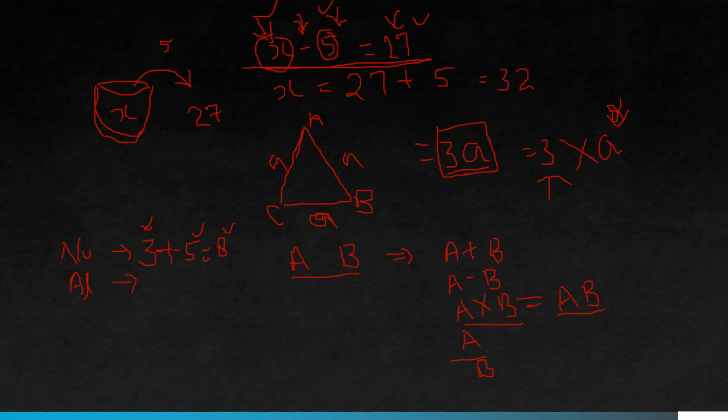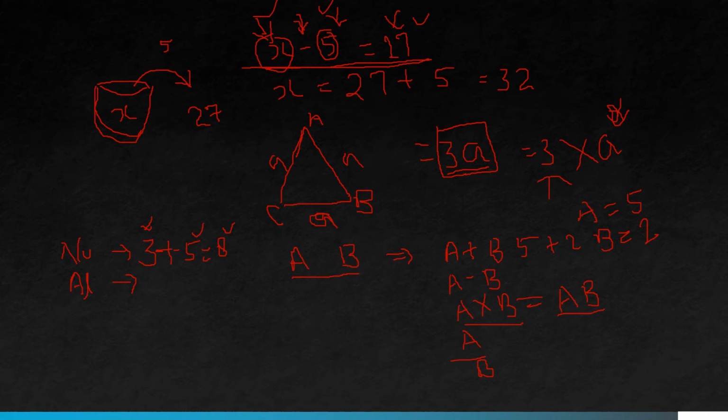Now let's say the value of a is 5 and the value of b is 2. How can we solve these? a plus b: instead of a we write 5, and in place of b we write 2, so 5 plus 2 equals 7.